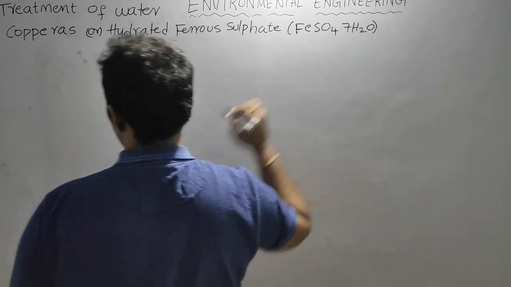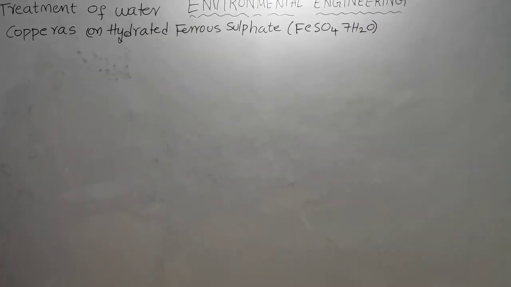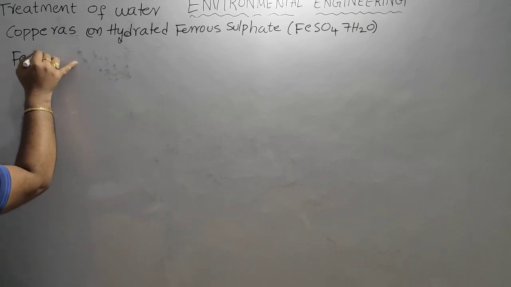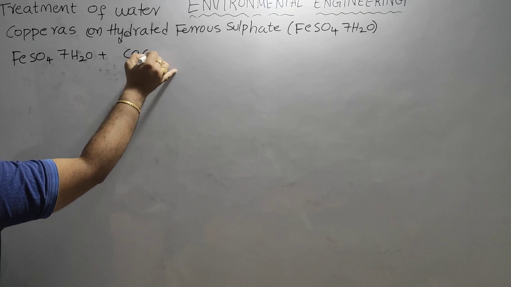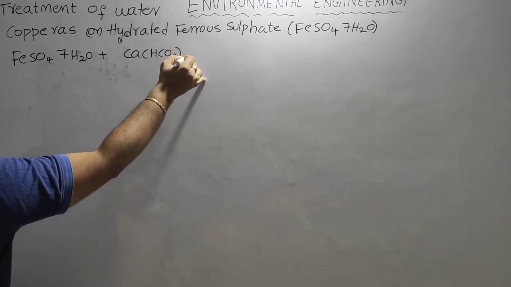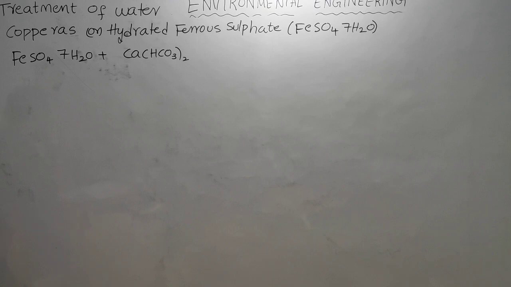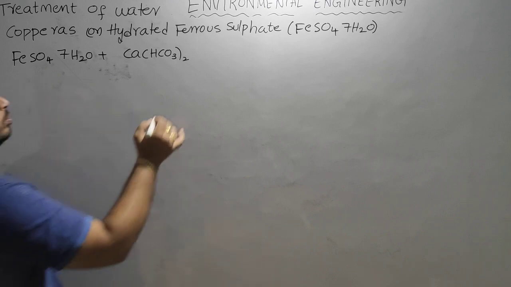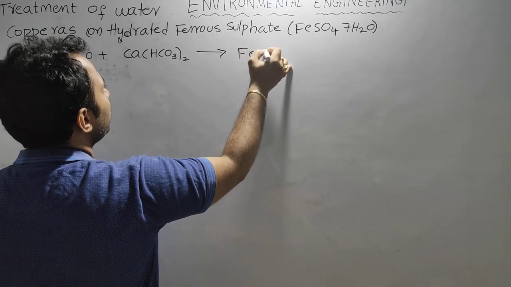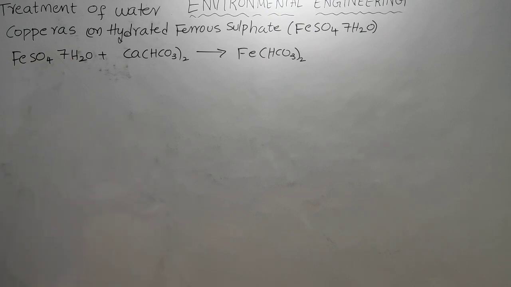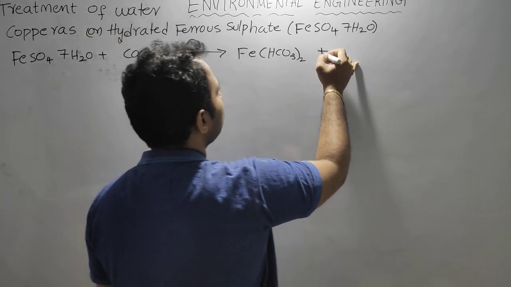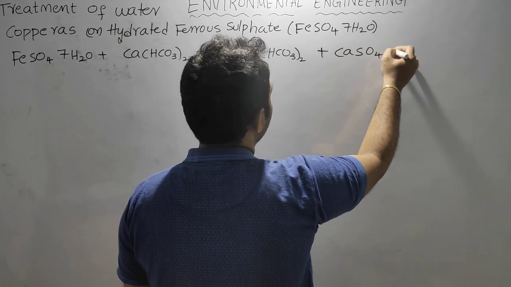When this FeSO4.7H2O reacts with alkalinity, Ca(HCO3)2, it will give Fe(HCO3)2 plus CaSO4 plus 7H2O.